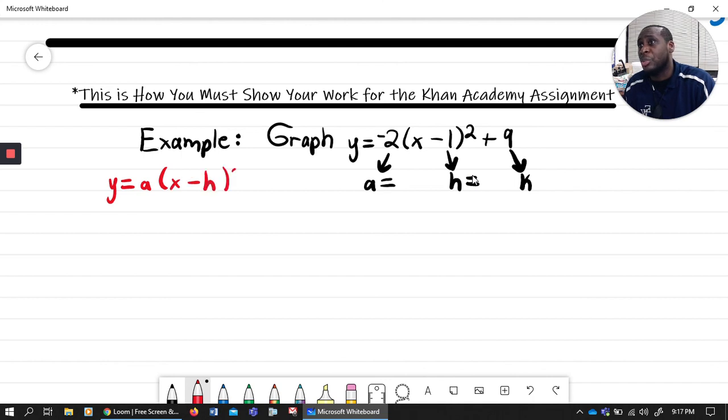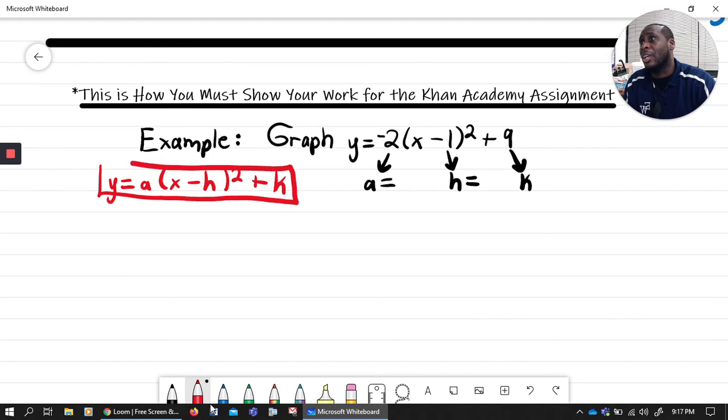I'm going to need you to write that out. That's going to help you when you're trying to identify what a, h, and k are, right? So write out that form somewhere, all right, and use that to help you identify what a, h, and k are.